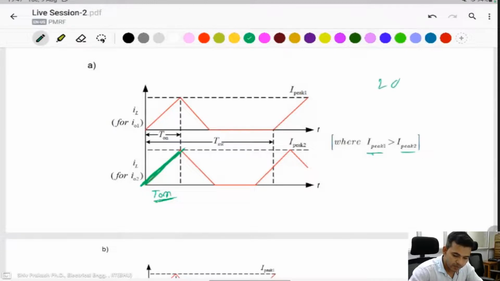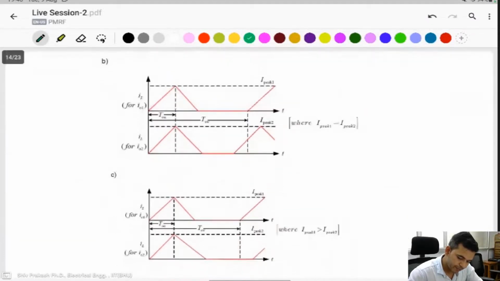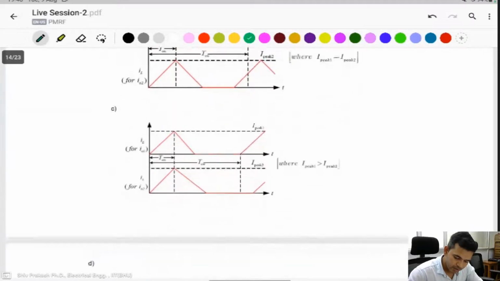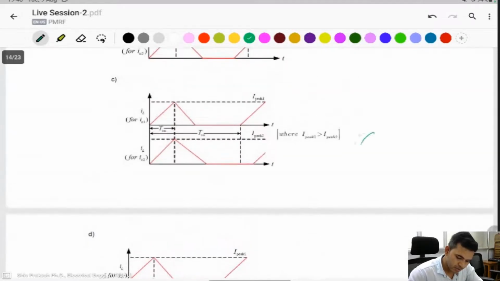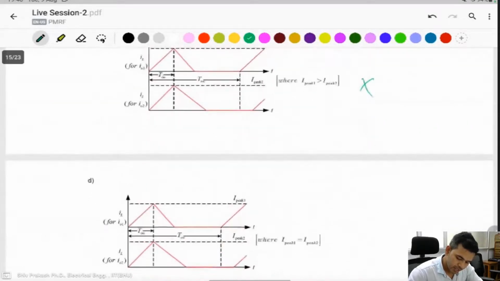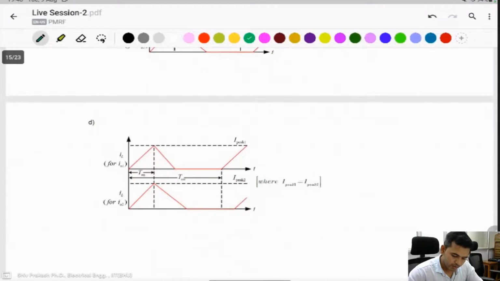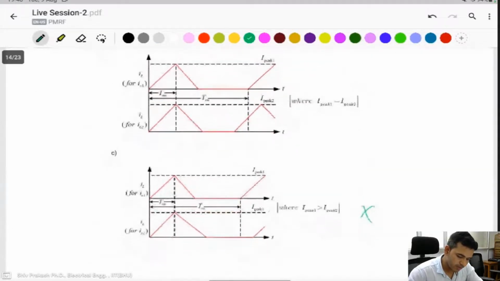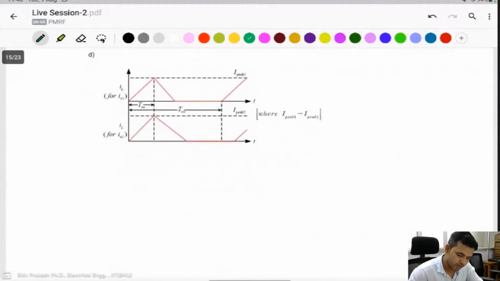Because of L di/dt, L is fixed and T on is fixed, so the peak current is the same for both cases. Then the first one is not correct, and the second and third also not correct. In this, B or D can be the answer, but I want to solve this.